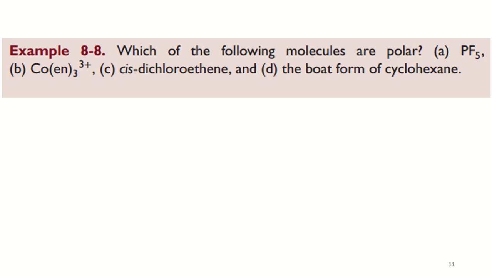For example, the first one is PF5, the second is Co(en)3 3+, the third one is cis-dichloroethene, and the fourth one is cyclohexane in boat form.